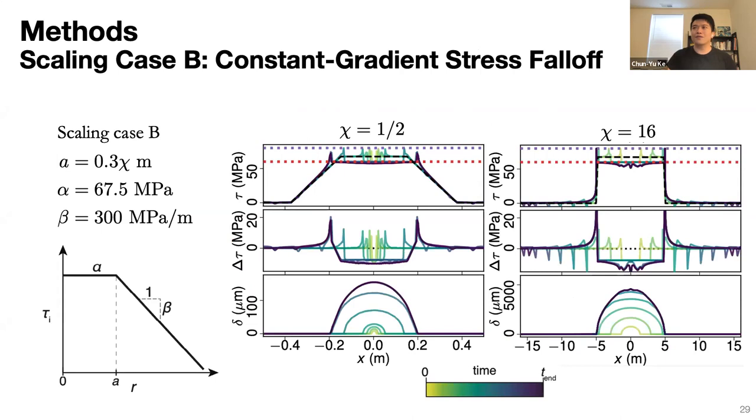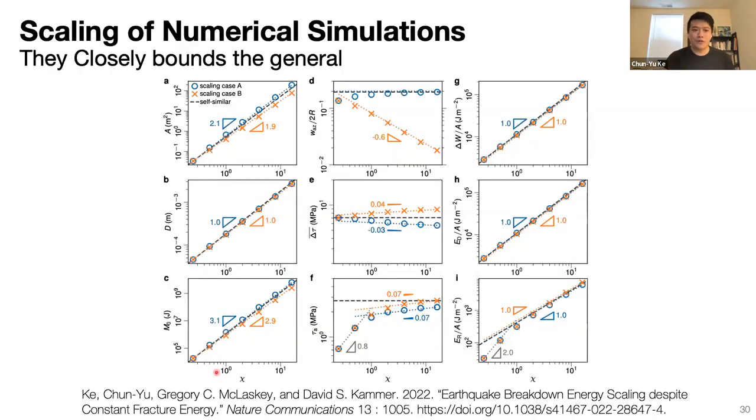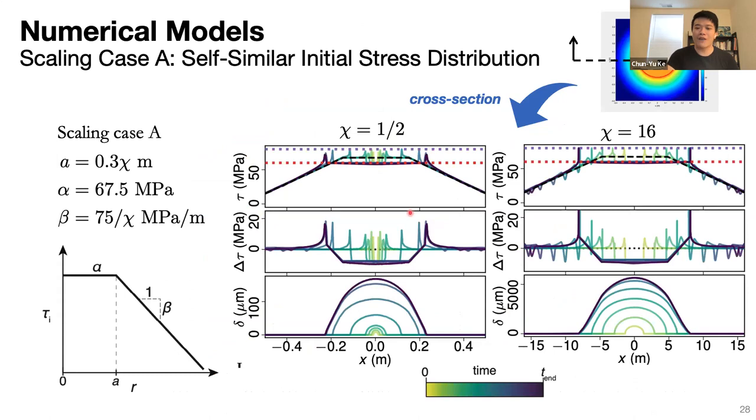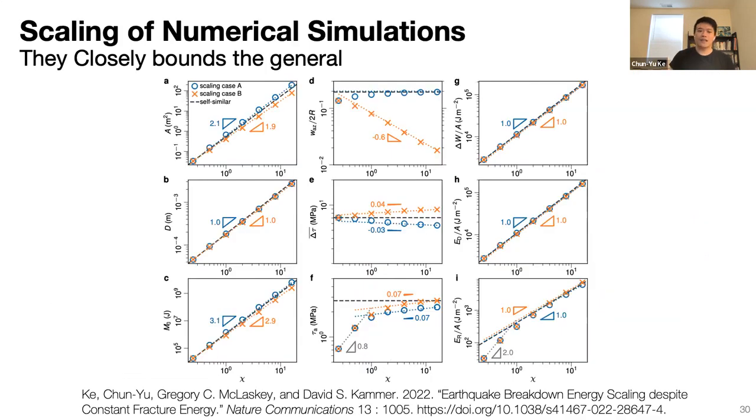By introducing just this very simple shape, the simplest we can have, we can have constant fracture energy throughout the entire fault plane and still have very similar ruptures that show the same scaling relation that people have observed from natural earthquakes. So of course, I think the next step will be having more complex initial stress distributions. And I also just want to confirm that yes, we are trying to be as simple as we can, to have a model that shows what we want to tell and also has this scaling relation.